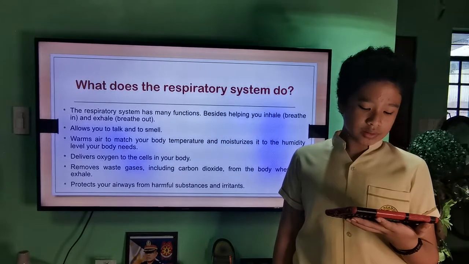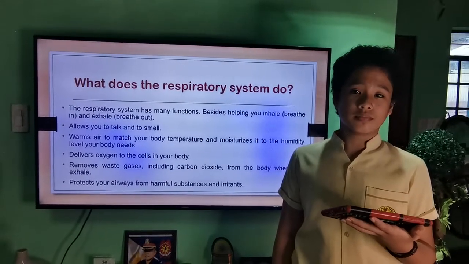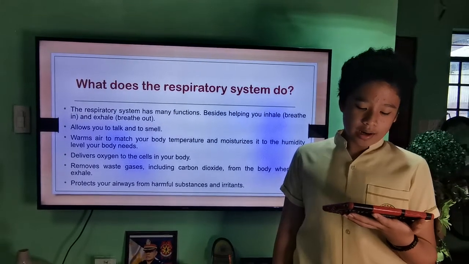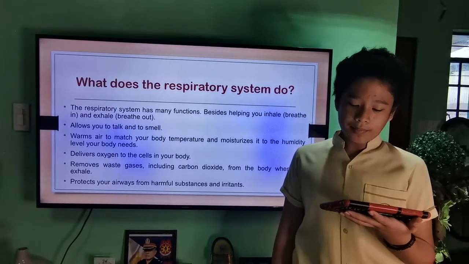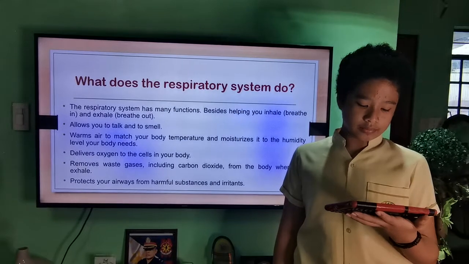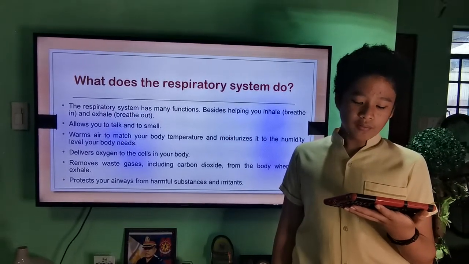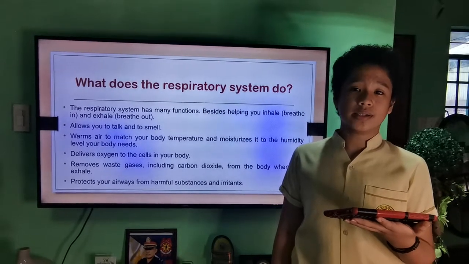It delivers oxygen to the cells in your body, removes waste gases including carbon dioxide from the body when you exhale, and protects your airways from harmful substances and irritants.